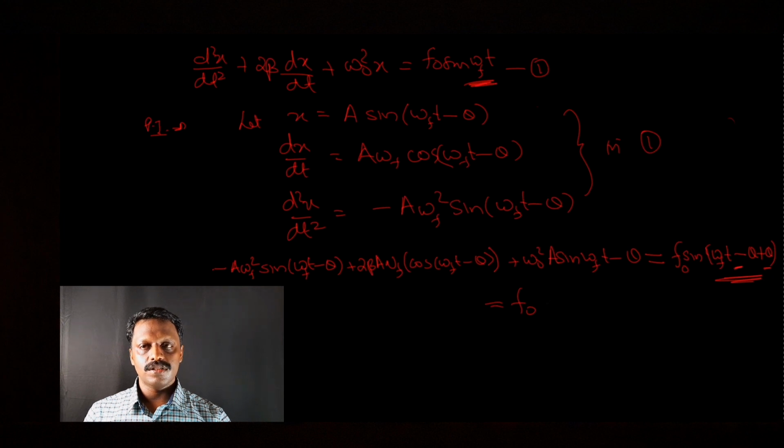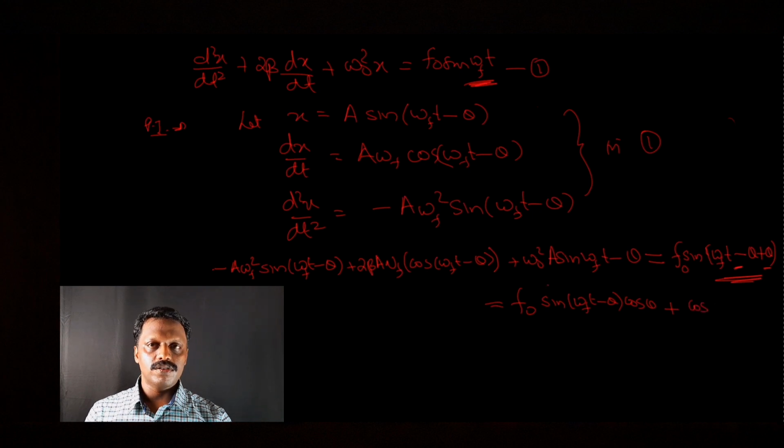We have done this because (ω_f t − θ) can be considered as a single term, so that it will look like sin(a + b), which can be expanded in the form sin a cos b plus cos a sin b. So expanding the RHS, F_0 sin(ω_f t − θ) cos θ plus F_0 cos(ω_f t − θ) sin θ.